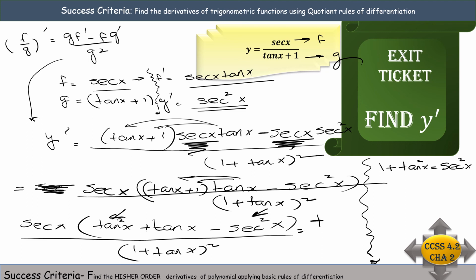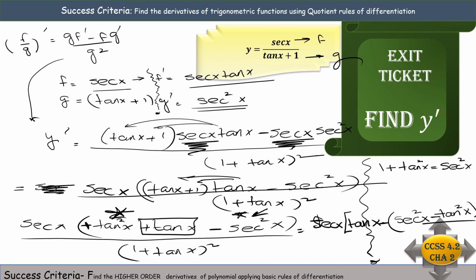Write the 10x sec x as it is outside. Inside, write the 10x as it is, this plus 10x I wrote as it is. Now in the 10 square x and negative sec square x, I want to take negative common, and the sign will change. Secant square x, right now it is with negative, so inside the bracket it will give me positive secant square x. 10 square x, here it is positive, so I would get negative 10 square x.